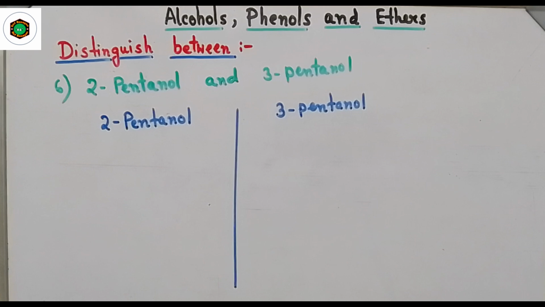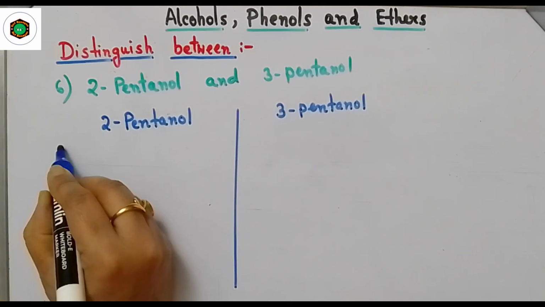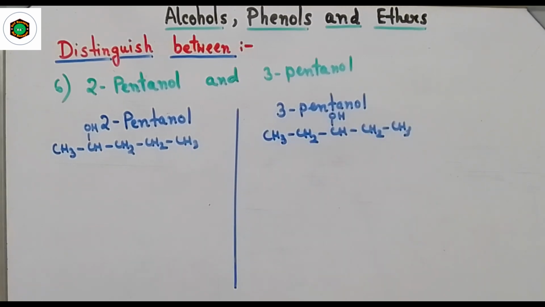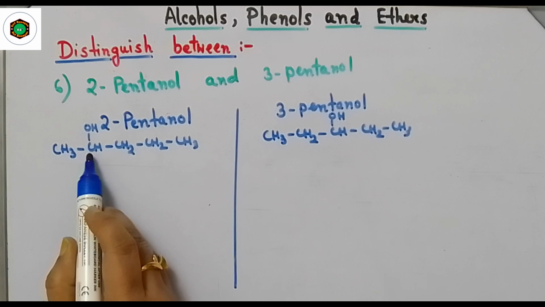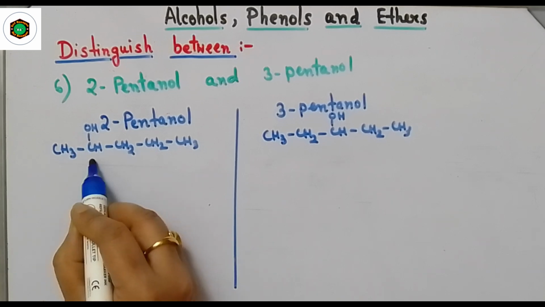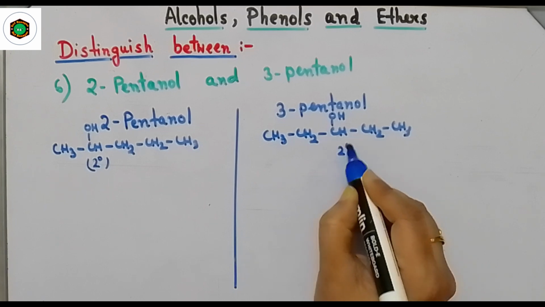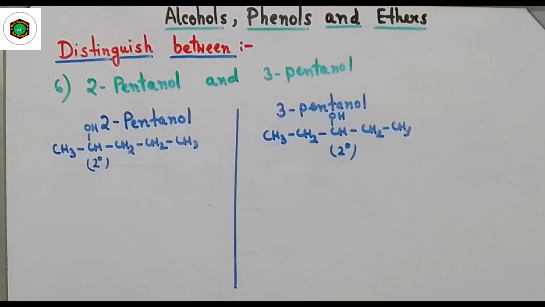Now how to distinguish between 2-pentanol and 3-pentanol? First draw the structure. This is 2-pentanol and here this is 3-pentanol. Now see, with this carbon, 2 carbons are attached, so this is secondary alcohol, this is also secondary alcohol. So by Lucas test we cannot differentiate. Then how to distinguish between them?